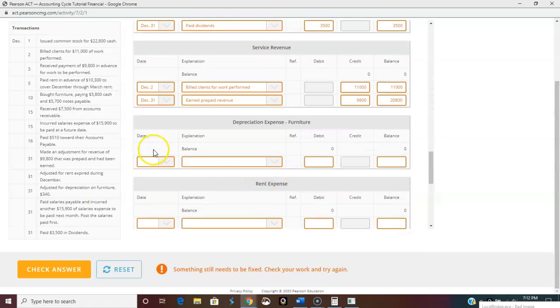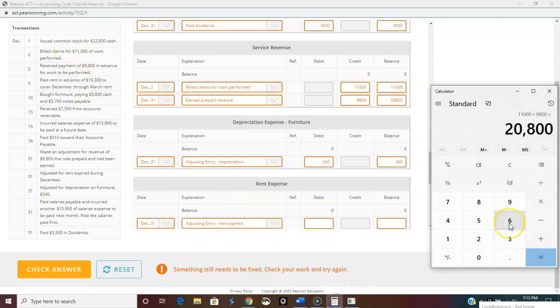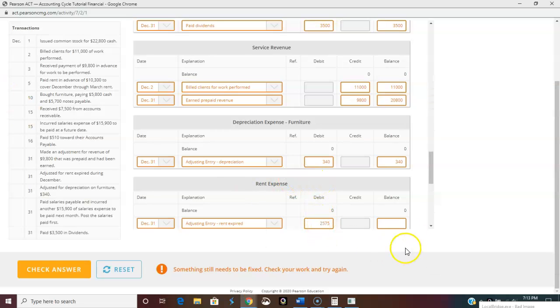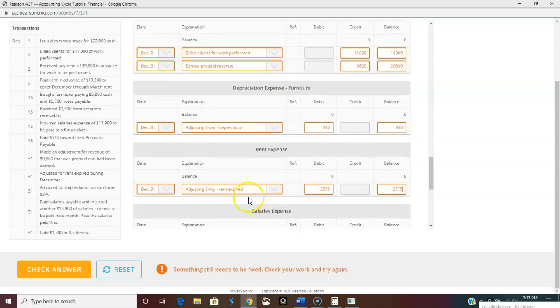Depreciation expense is one of these. First is adjusting entry depreciation 340. The balance is 340. Rent expense we have to figure out. It's adjusting entry rent expired. So rent was $10,300, and it's for 4 months. $25.75. $575.